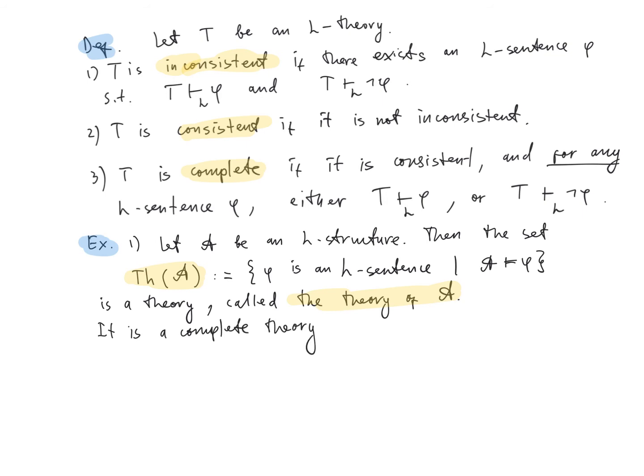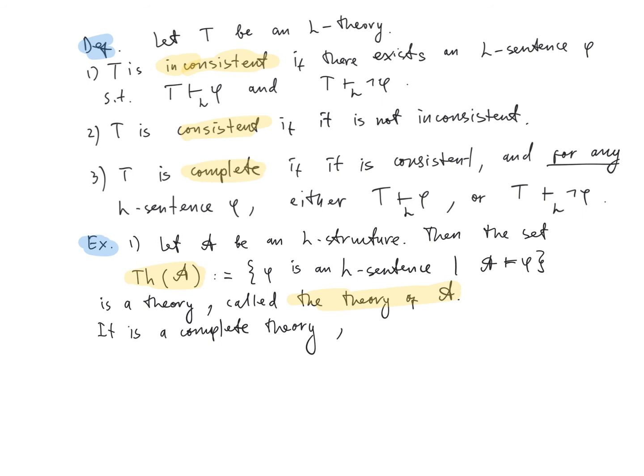Simply because for every sentence, by the definition of satisfaction in the structure, it either holds in the structure, and if it doesn't, then its negation holds in the structure, so it's complete.